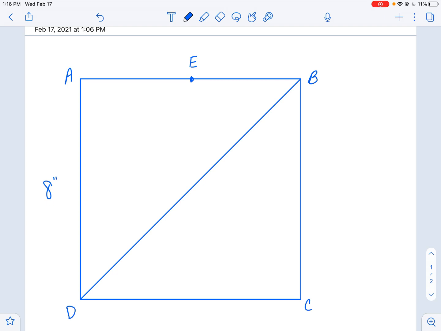You can use those compass tools to find the midpoint with the two arcs. So I have my midpoint of AD, and we're going to label that midpoint F. The midpoint of AB was E, and AD is F. This is point F right here.